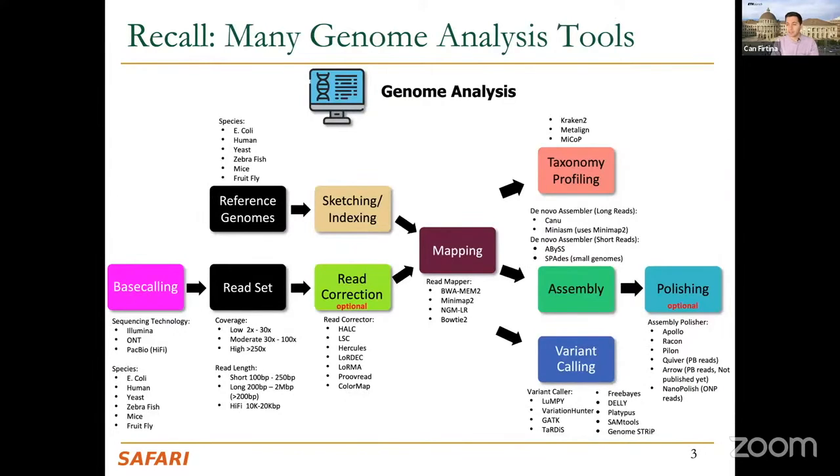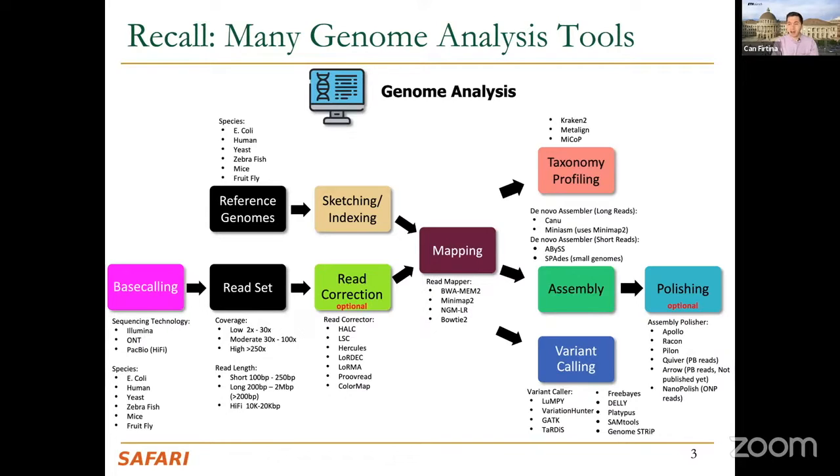There are essentially many steps in genome analysis, such as base calling, that can translate the raw sequencing data to the sequences of bases in a human readable form, into a set of base called reads. Then in the next steps, we can use many tools such as error correction if the sequences are erroneous, read mapping, assembly, or variant calling to identify the mutations, and many other steps.